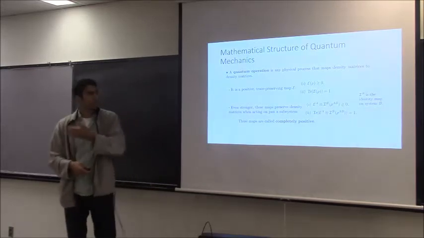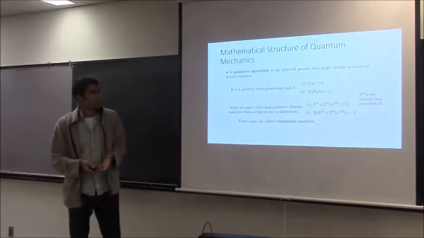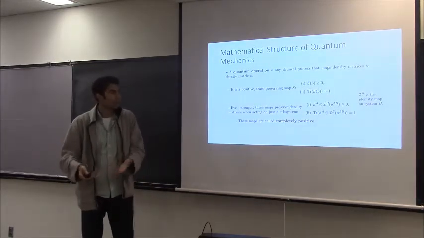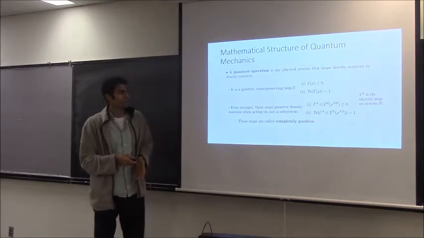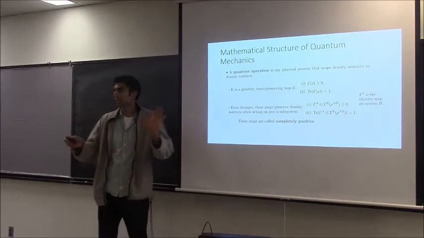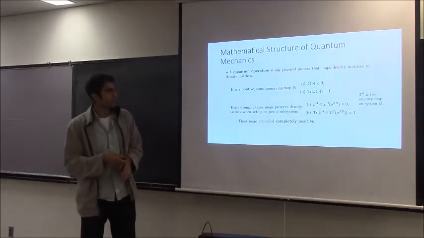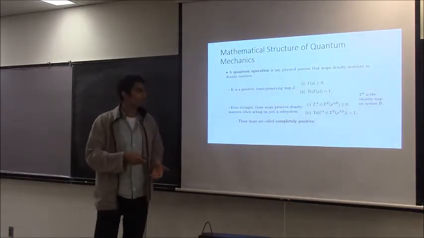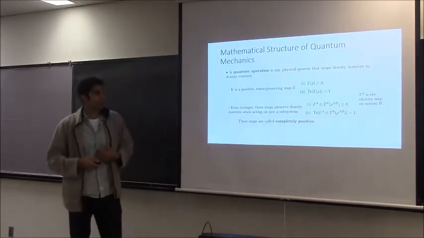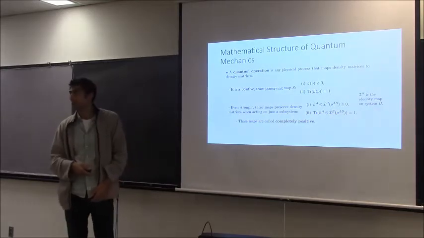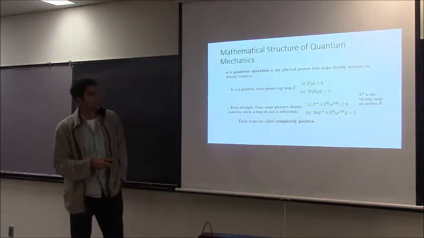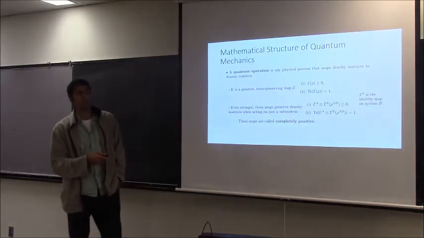I'm A, he's B. We have some valid state, but I'm not able to go into his laboratory and act on his part of the state. All I can do is apply a local map in my local laboratory, and Messiah does nothing. He just sits there and listens to the talk, enjoys it immensely. What comes out at the end should be a valid state. So we demand that it's a positive operator, just through my local action, and that the trace is preserved. This notion of complete positivity is stronger than just positivity.